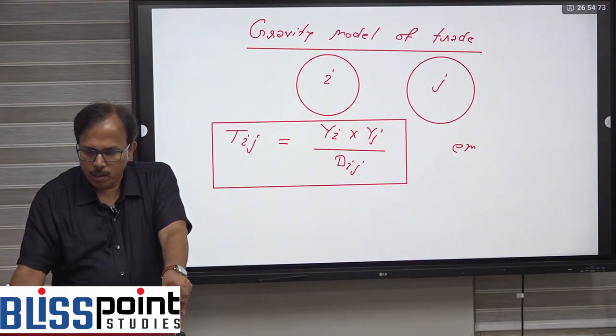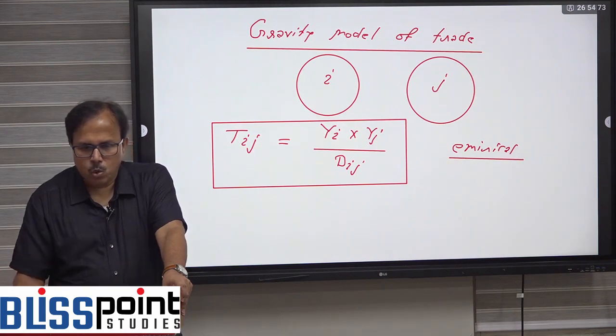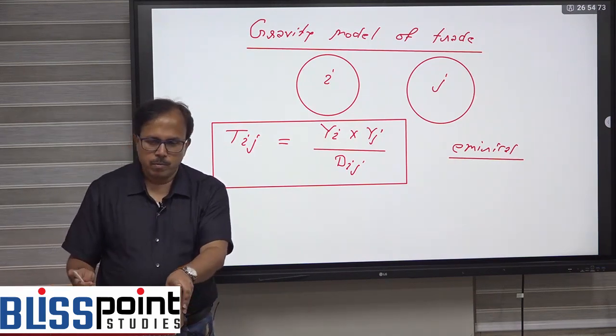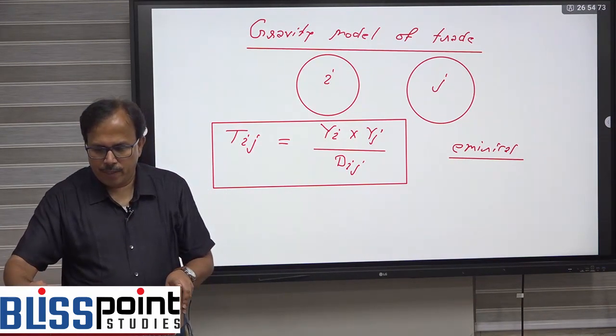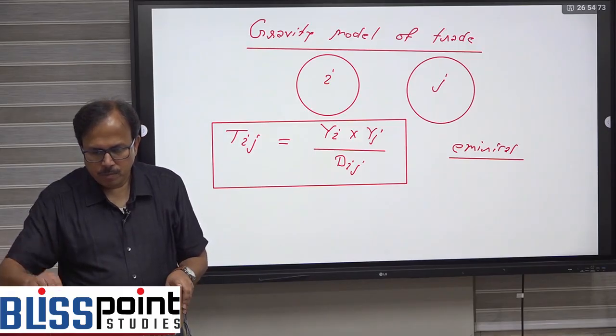There is strong empirical evidence, the real-life data is supporting it. There is strong empirical evidence to support this idea.